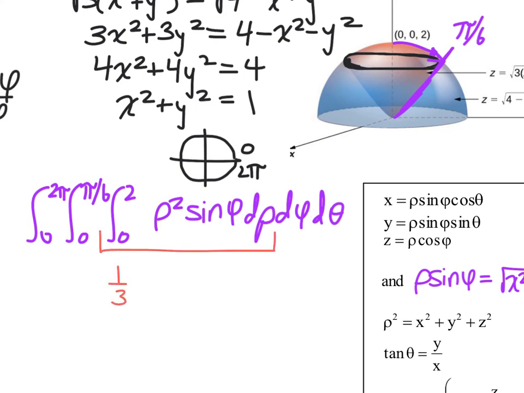So 1/3 rho cubed times the sine of phi. Now, of course, I'm going to screw it up because I said this is really nothing in terms of its difficulty, so it's guaranteed, but in theory it should be nothing. All right, so integrate just the rho squared because we're working with rho first. So that's just 8/3 times the sine of phi.